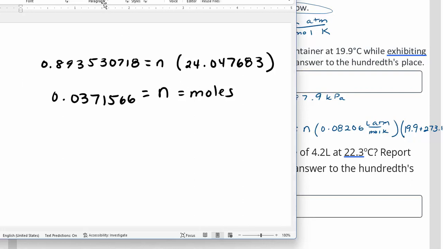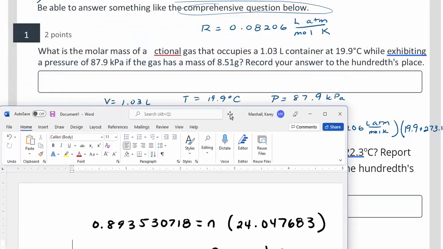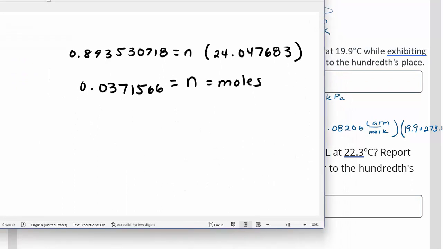So the question asked us for the molar mass. Well, the molar mass is going to be grams per mole. We have a mass of 8.51 grams, and that mass, 8.51 grams, contains 0.0371566 moles.